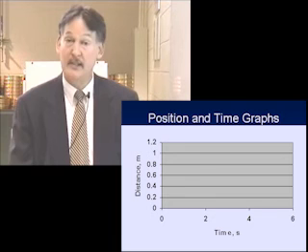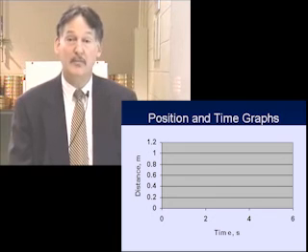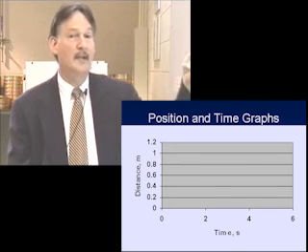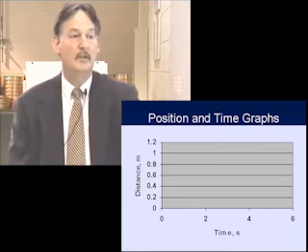Notice that the units we're using are the meter unit from our fundamental units and the second unit also from our fundamental units. So we are graphing on this graph the distance, the position of the object at the time noted.